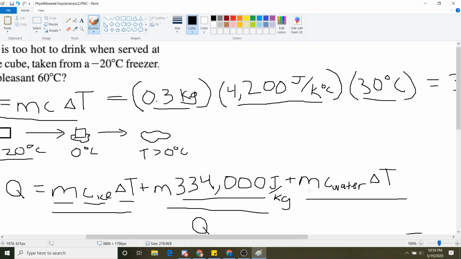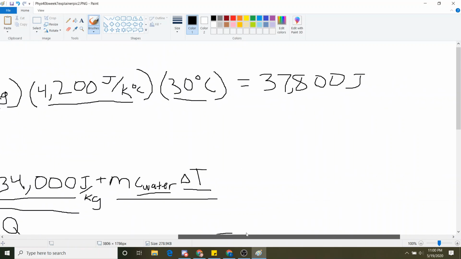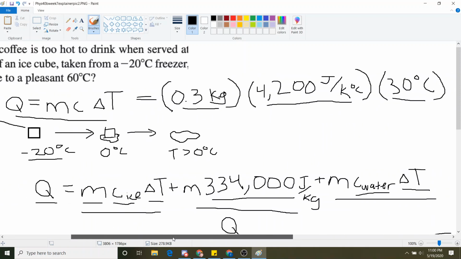All of these share the same mass, since no mass is lost, and the change in temperature here is 60, using the specific heat of water because now it's water, not ice. We know that the total energy entering the ice cube is equal to the total energy lost by the cup of coffee. So we can plug all of these in.